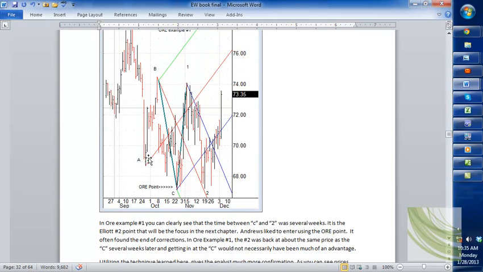See, so here you have your A, B, C, and in this particular case, it happened to be what was called an ORE. Okay, and then prices went down again and tried to make new lows but didn't, and so your B, C, and 1 was used to draw the median line, and prices were unable to get past it. Right?